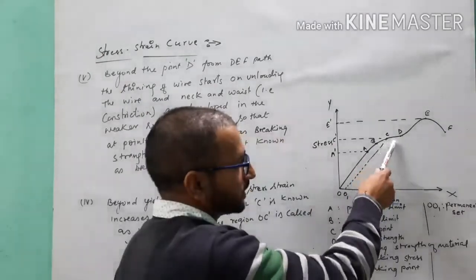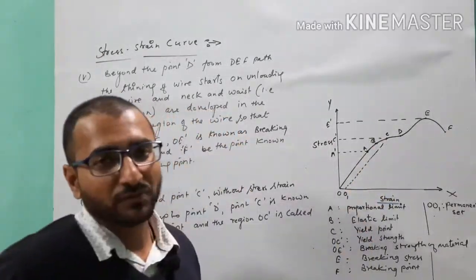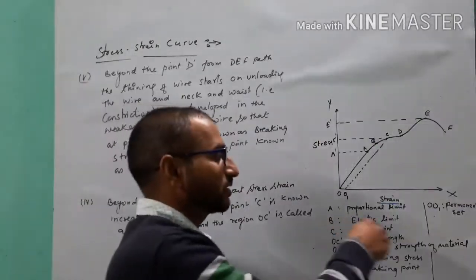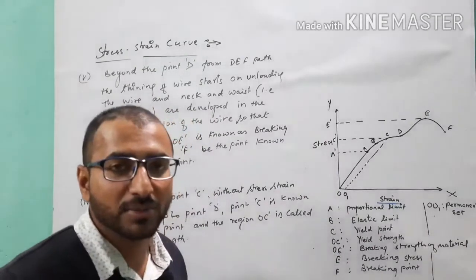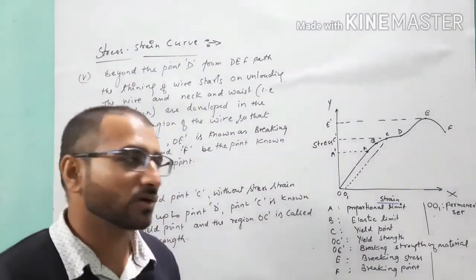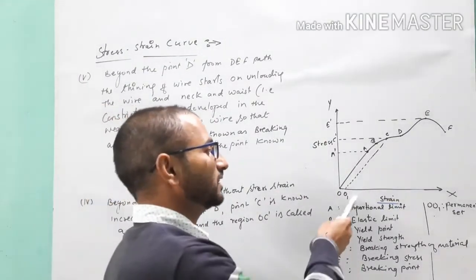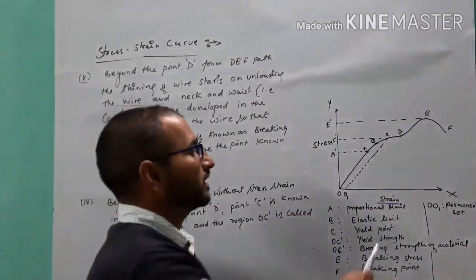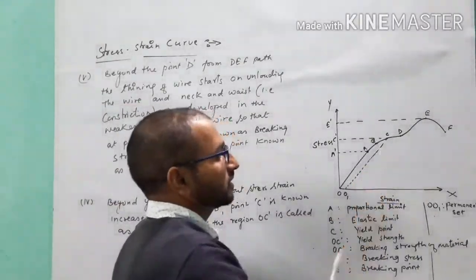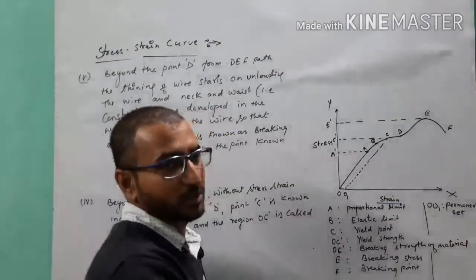But at point C, if we remove the deforming force, the material or wire does not regain its original configuration, meaning it does not regain its original length. Its length is a little bit increased as compared to the initial. So here point C is called our yield point.